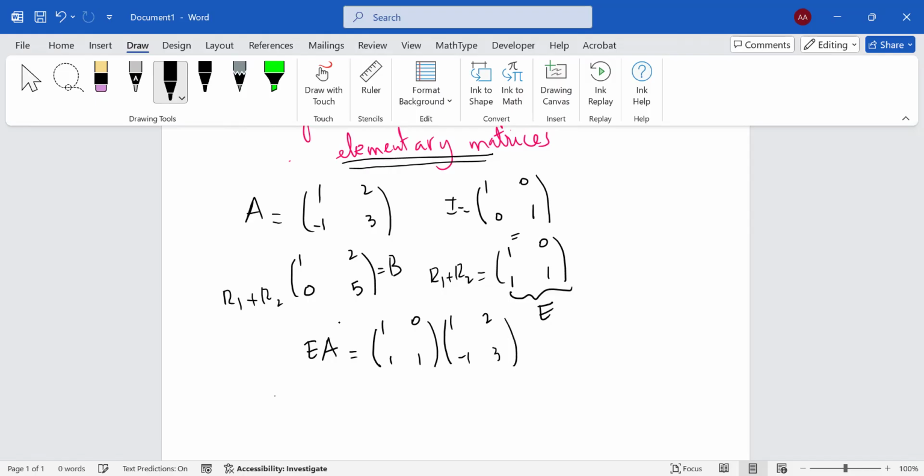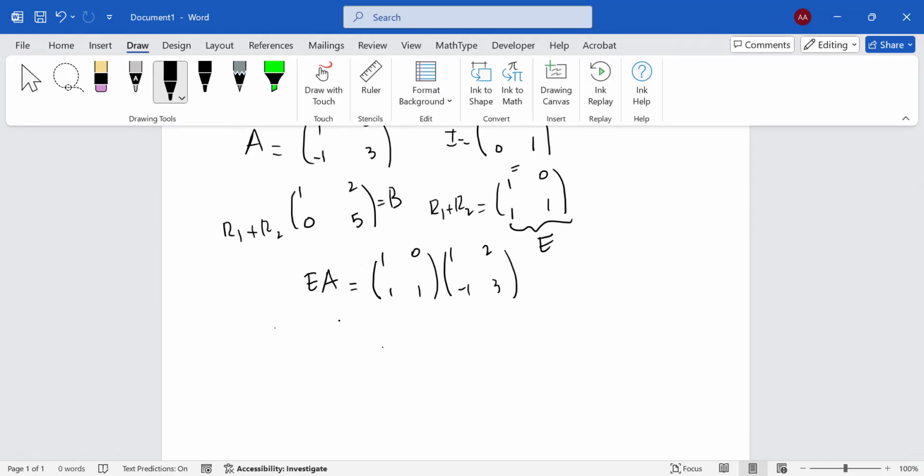Let's see what matrix we're going to get. If we do the product quickly, we have 1 here. 1 minus 1 is 0. 2, and here 2 plus 3 is 5. We get exactly B. You see?